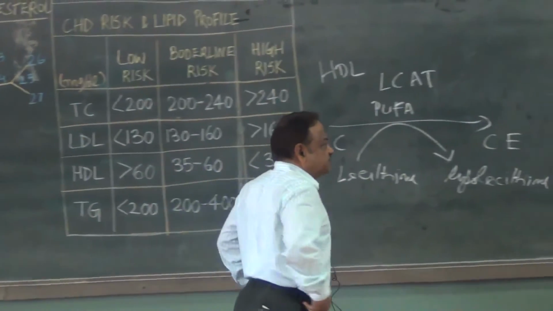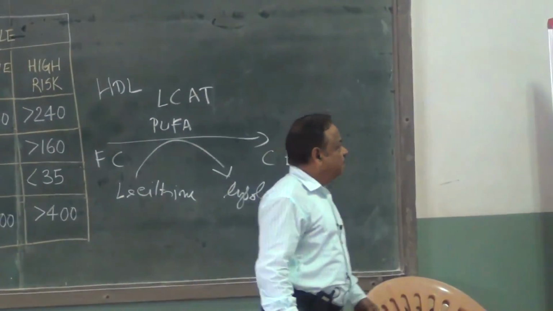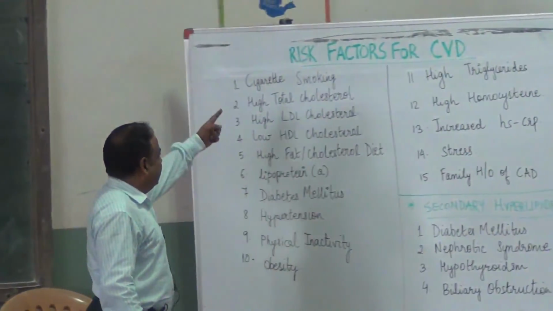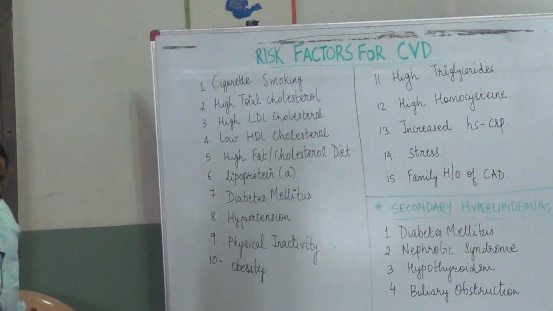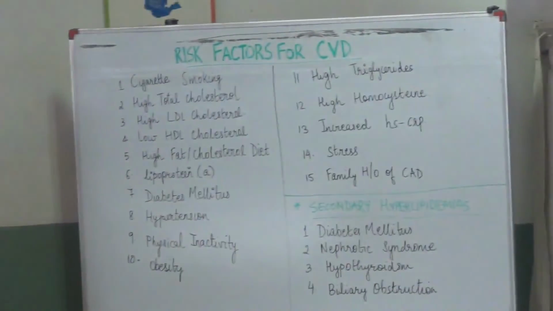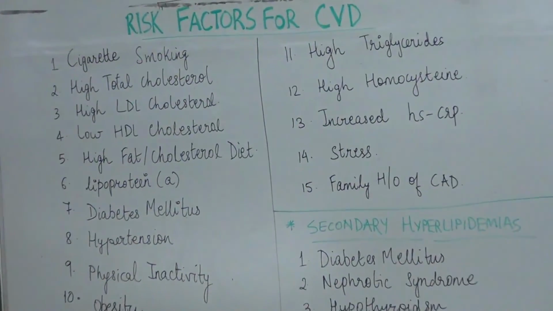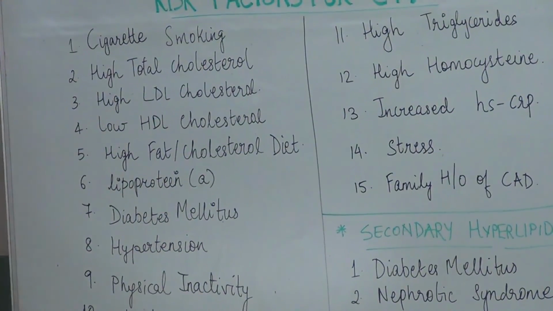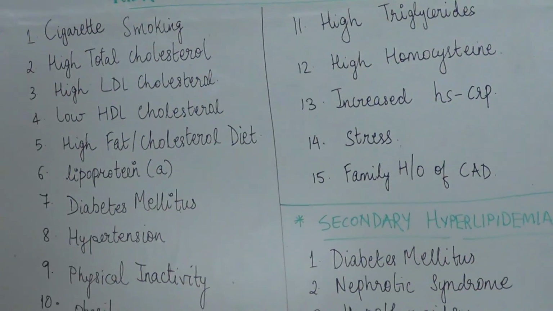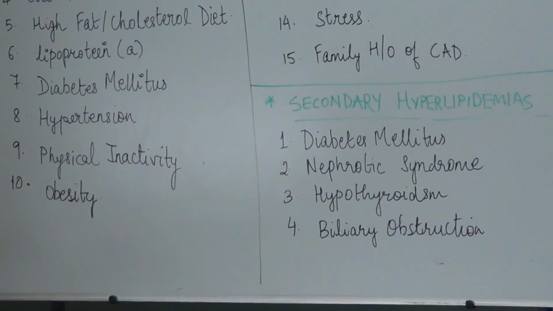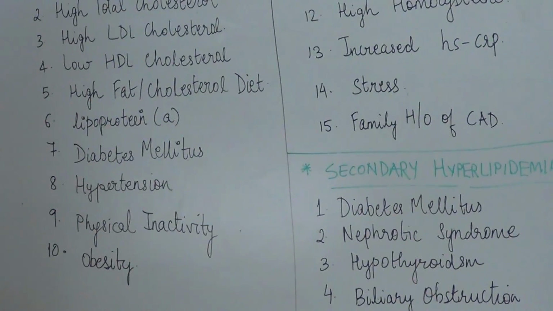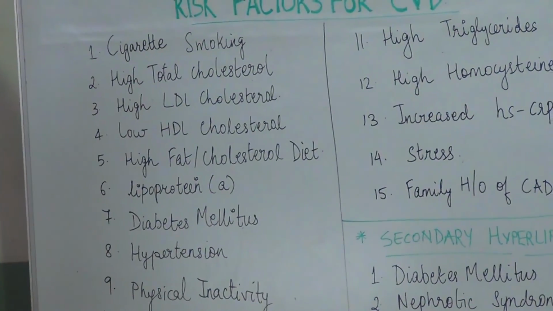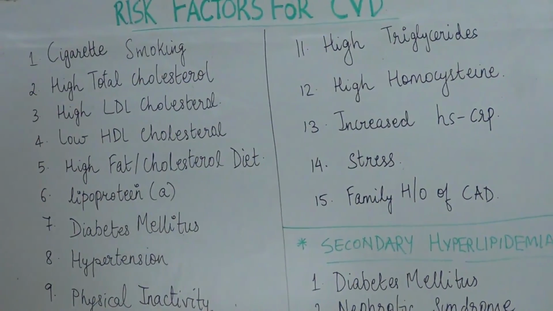Now, coming back to the risk factors, one risk factor, as you know, is cigarette smoking. Cigarette contains nicotine. Nicotine can bring about vasoconstriction, and it may also add to platelet aggregation.